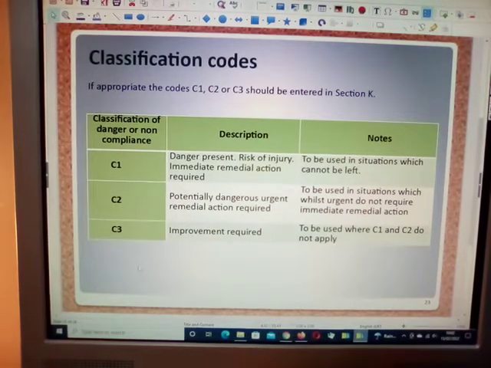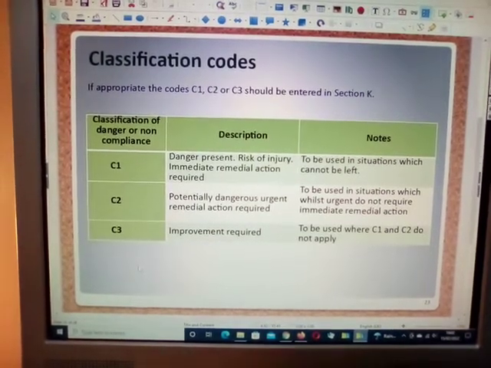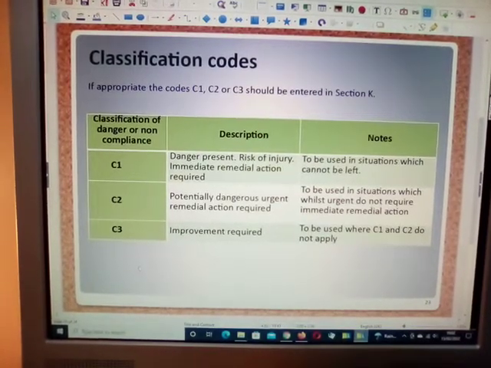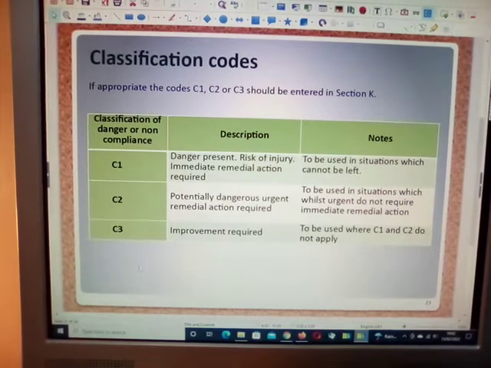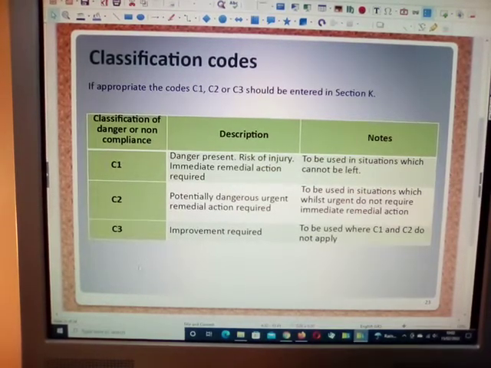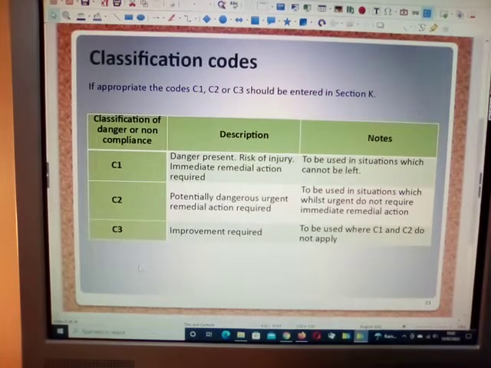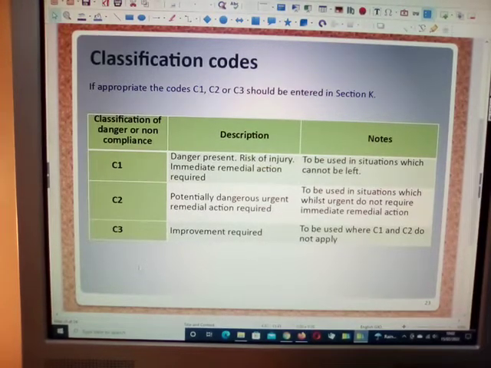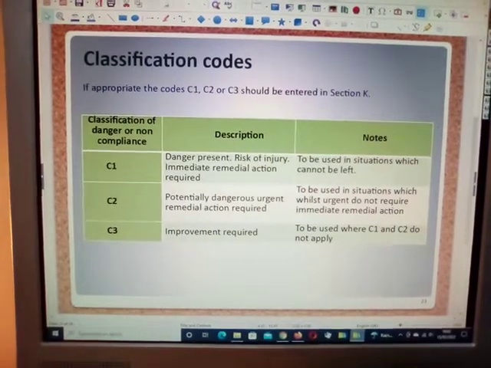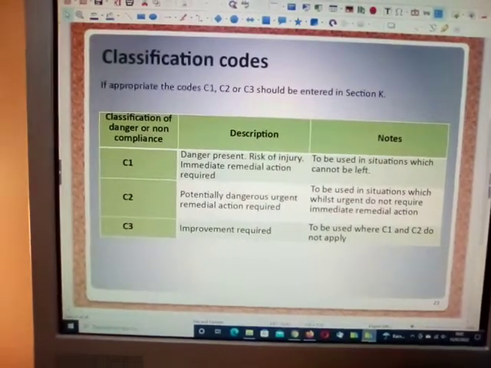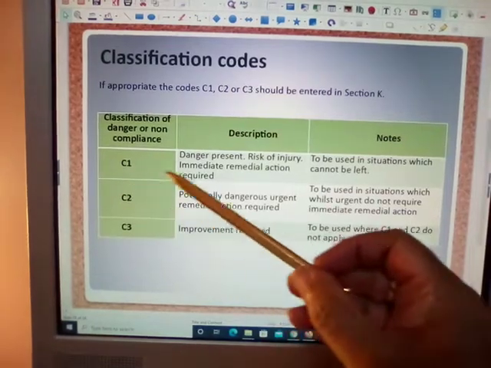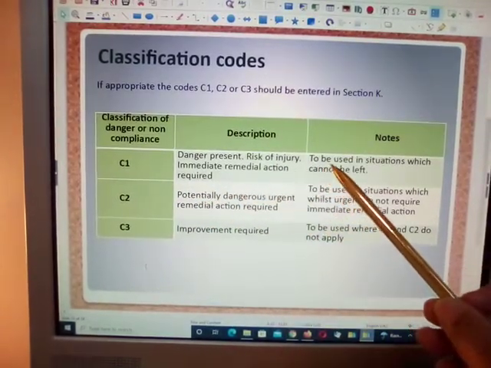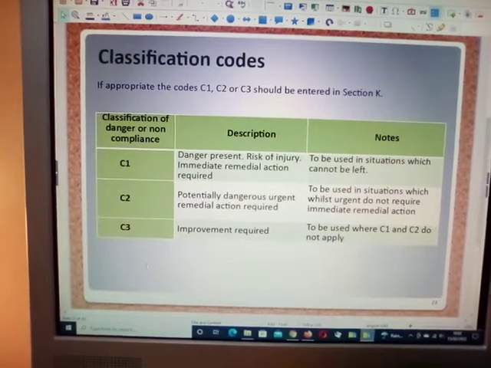I'm just looking at these classification codes here, and it's clear in the sense of description: danger present, risk of injury, immediate remedial action required, to be used in situations which cannot be left. The interesting thing here for me is that if a C1 had occurred, then the situation for that electrical installation would mean that it was unsafe.